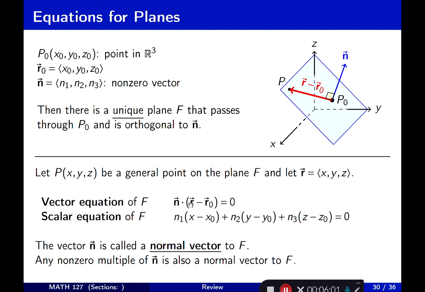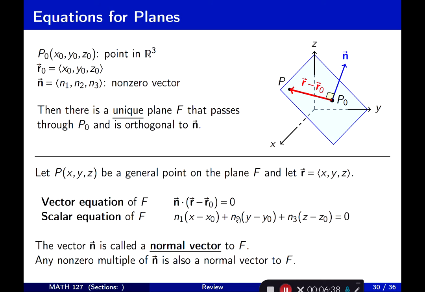So you write n dot (r minus r naught) equal to 0. But what is r? r was x, y, z. r naught is just the point on the plane, x sub naught, y sub naught, and z sub naught. If you write it out, it becomes the first coordinate of n times x minus x naught, plus the second coordinate of n times y minus y naught, plus the third coordinate of n times z minus z naught, equal to 0.